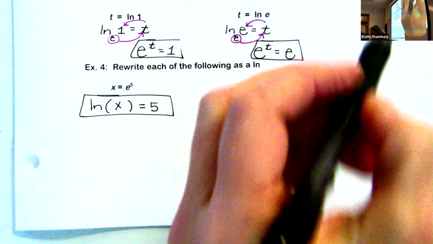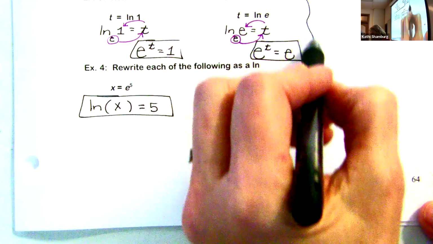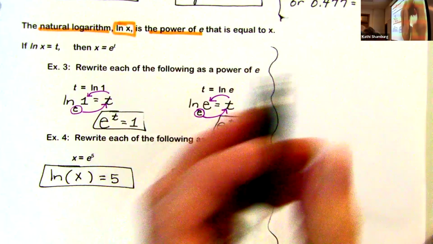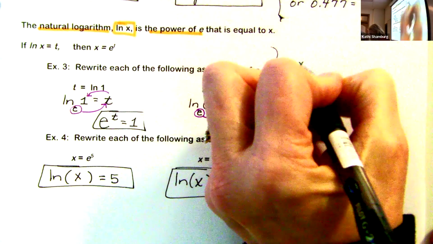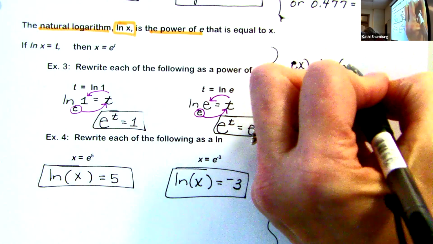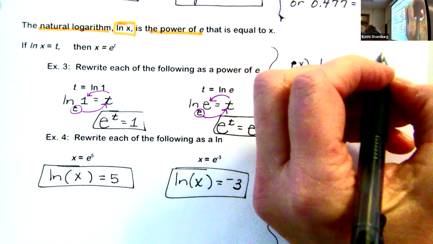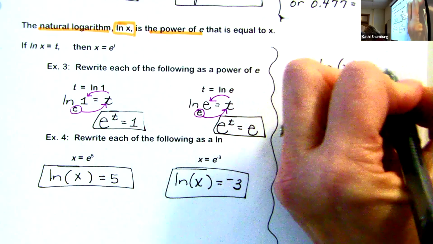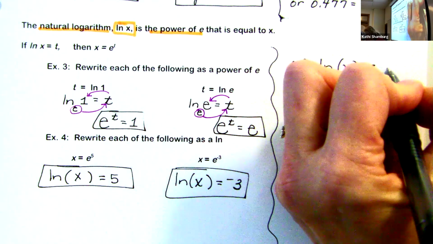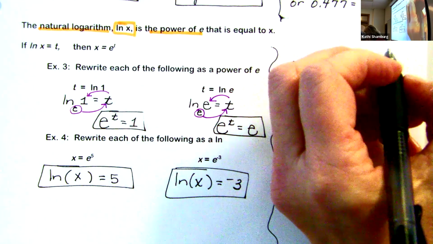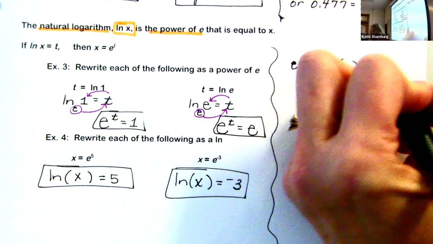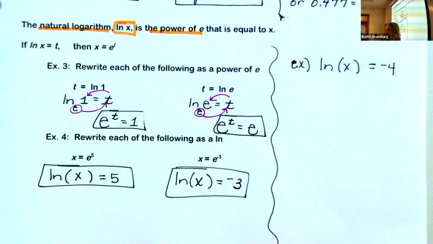Now, those were just general. Like my additional examples above, you may encounter some that you can actually calculate. So let's say we had natural log of X equals -4.